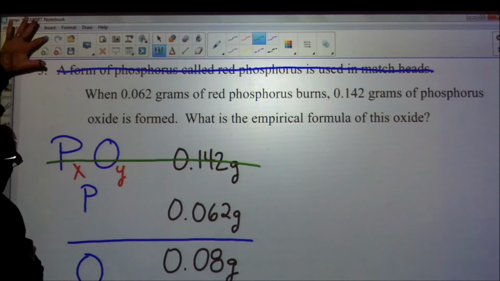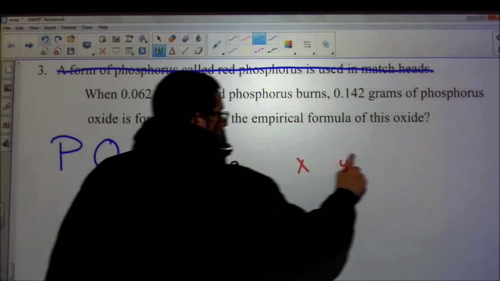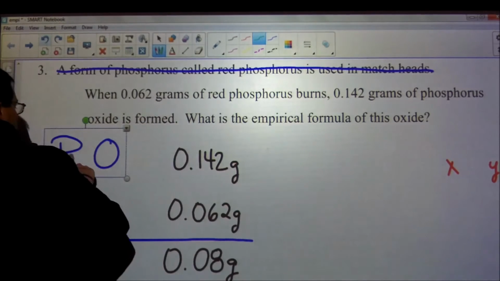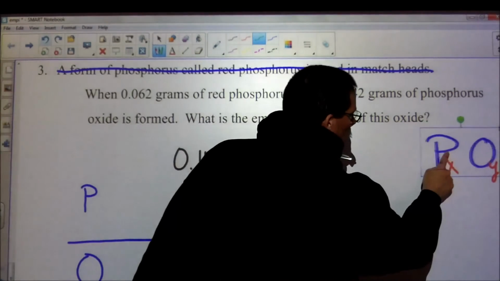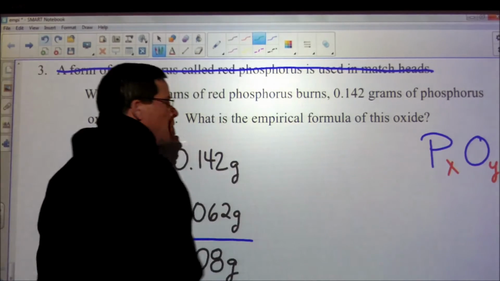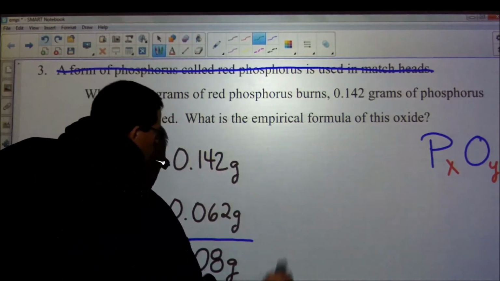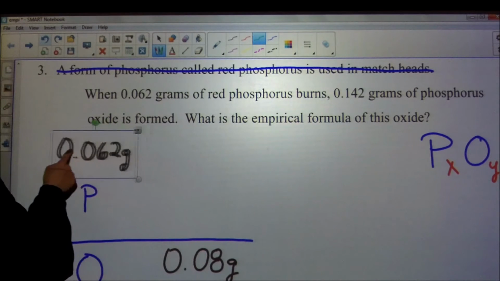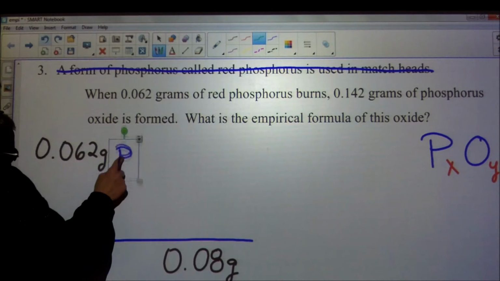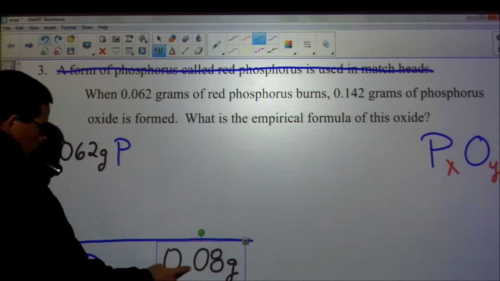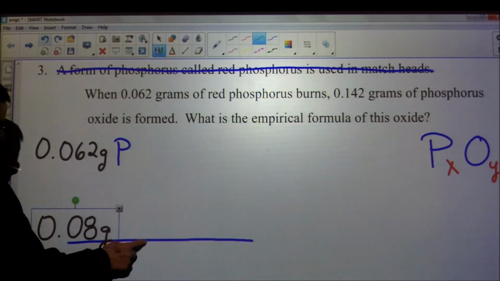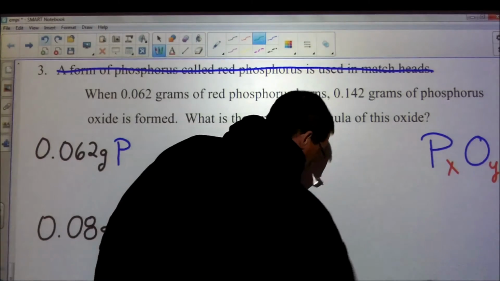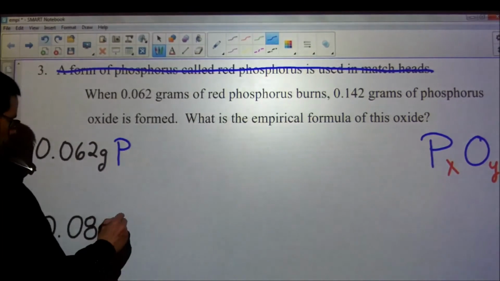So I'm going to move this over. The phosphorus oxygen compound is our final product. We don't need that anymore. I'm going to move this up, because we have that many grams of phosphorus. So we'll put it there, put this down here, and we can probably throw that away. So we have that much oxygen.